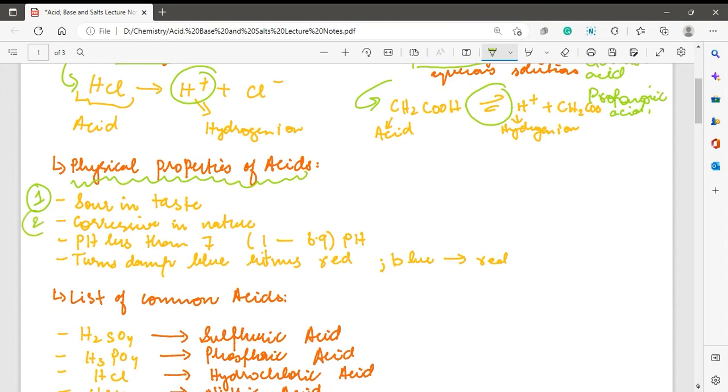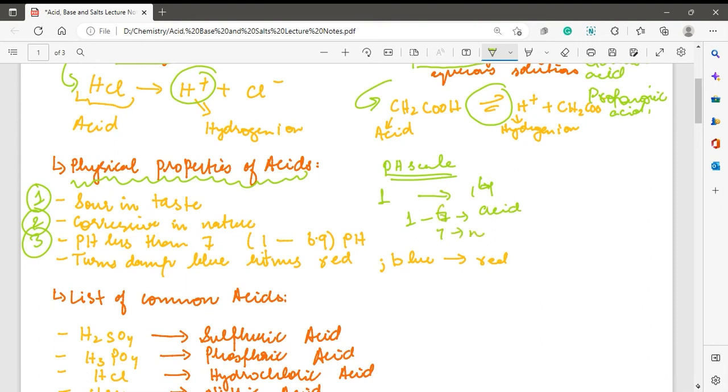The second thing is they are corrosive in nature, so that's why we are asked to handle acids with care. If they come in touch with our skin, the skin will erode and it will cause a burning sensation. The third property is about pH. We have a pH meter and a pH scale, which helps us identify the pH of substances. The pH scale has numbers from 1 to 14. 1 to 7 is the limit for acids, 1 to 6 for acids.